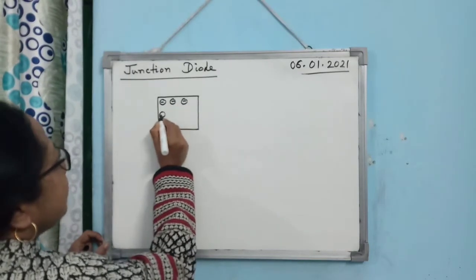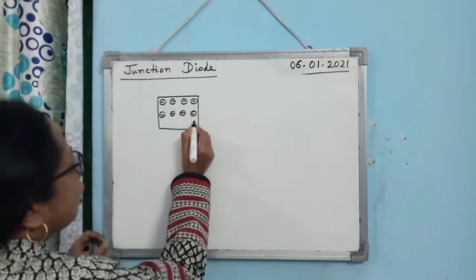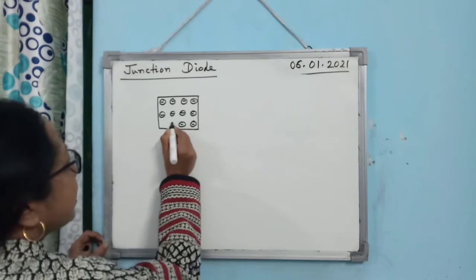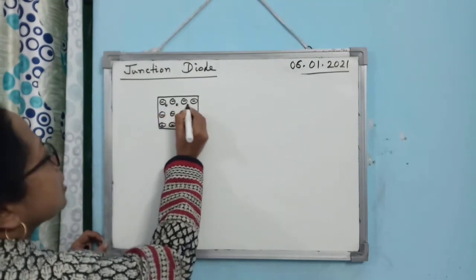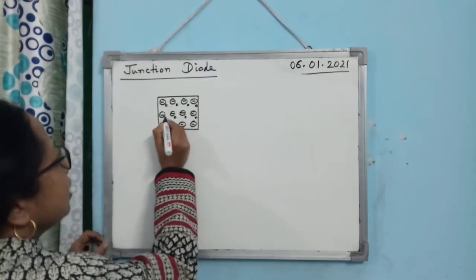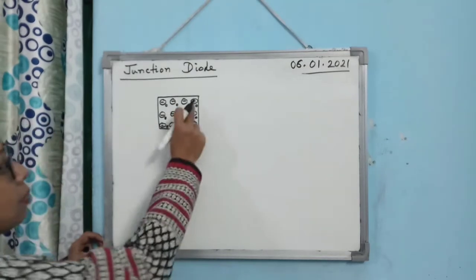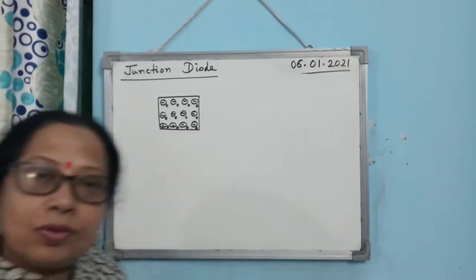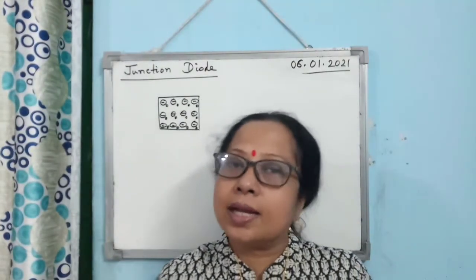Alright. And what else is there? There are majority charge carriers as holes. Alright. So these are the holes. So you see what is happening: when it is accepting one electron, it itself becomes a negatively charged immobile ion and the majority charge carriers are holes.